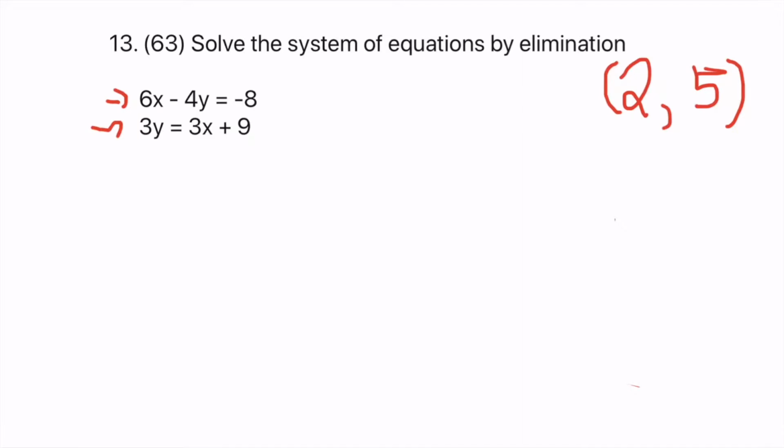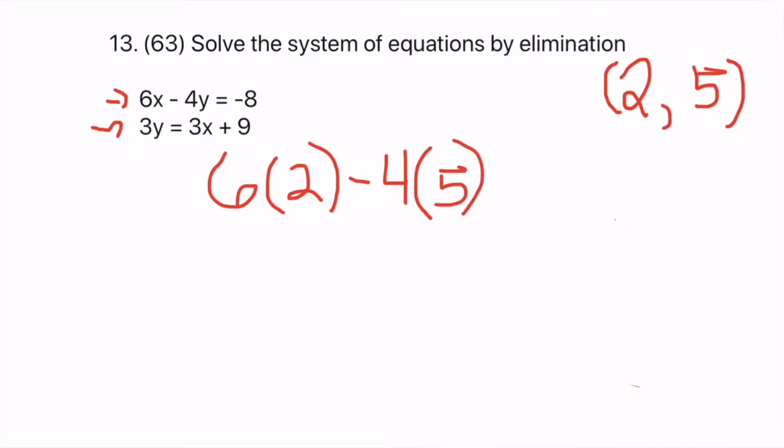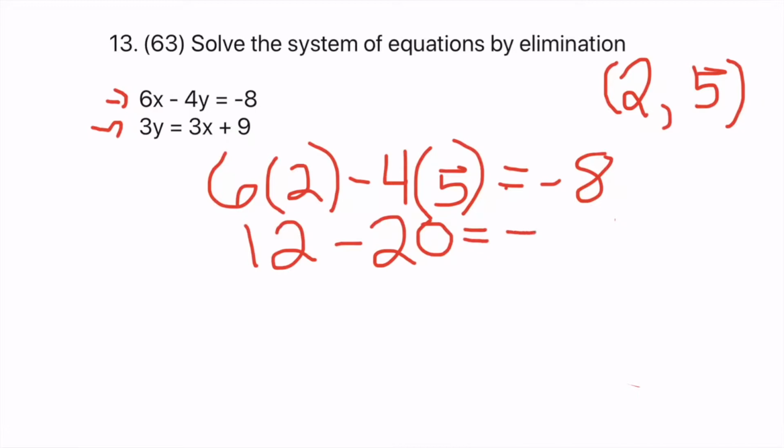So if we had 6 and we plug in 2, minus 4, plug in 5, equals negative 8. We have 12 minus 20 equals negative 8. And 12 minus 20 is a negative 8, so that worked. And then on the test, you'd want to do the same thing for the second equation too.